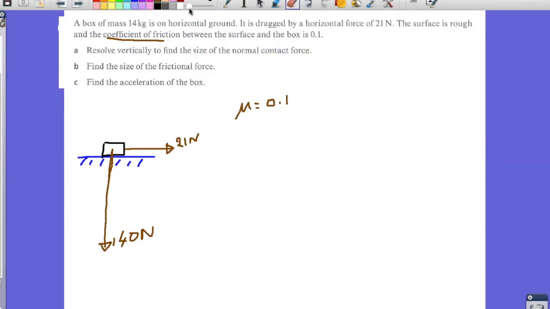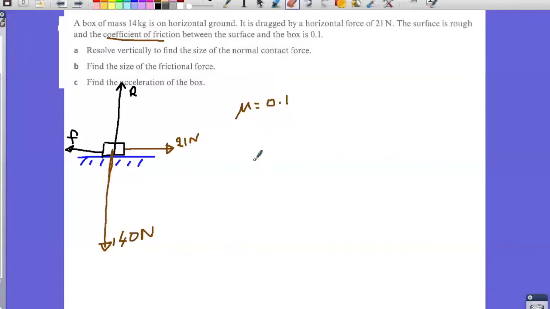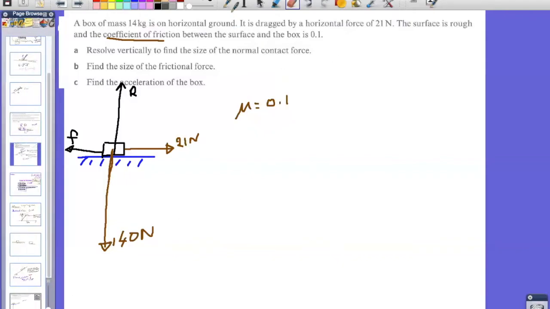Here you are told what to do step by step, but in most problems you will not be told. So you have R here, and you should have a frictional force here. Let's denote it F. So this problem tells you what steps you should take in solving such a problem.